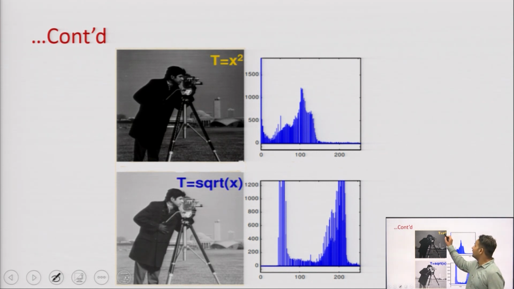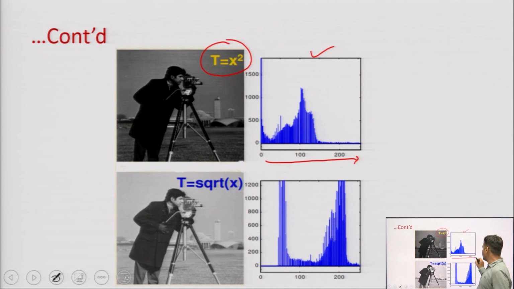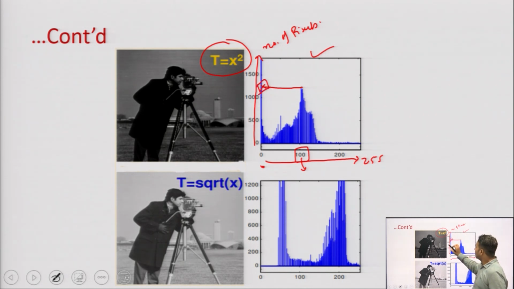Now, if we have t equal to x square and the histogram looks like this, then you can say the gray levels run from 0 to 255, and here you may observe the number of pixels. Here, for gray level 100, how many pixels hold the value 100?